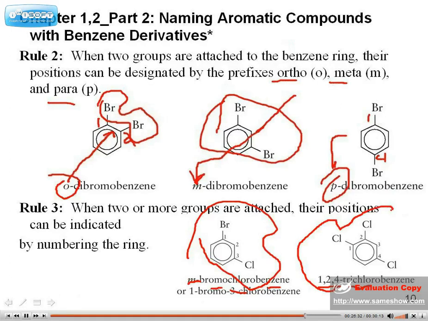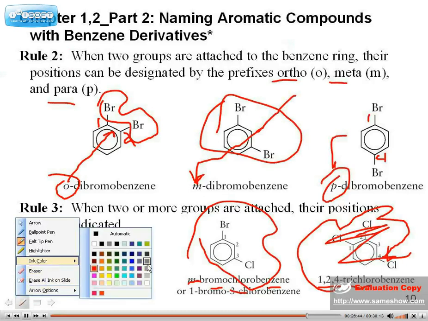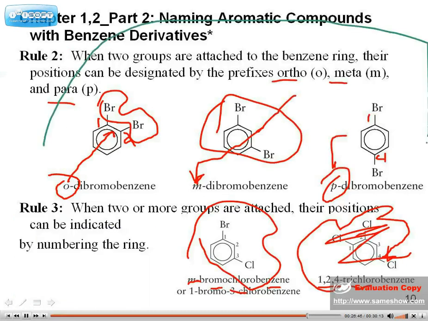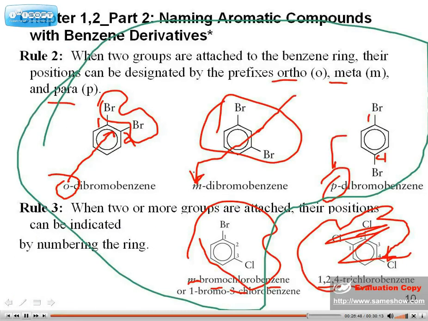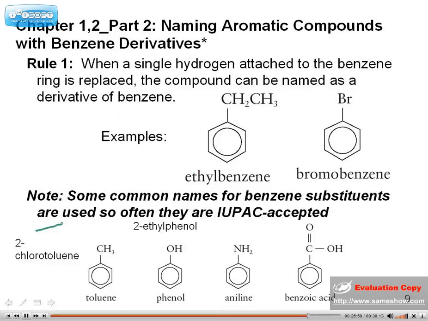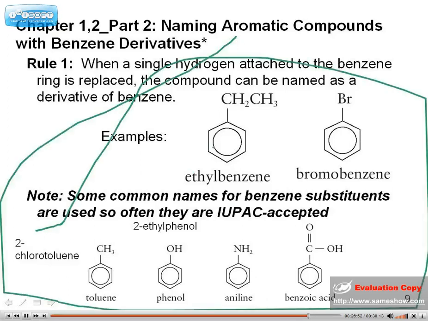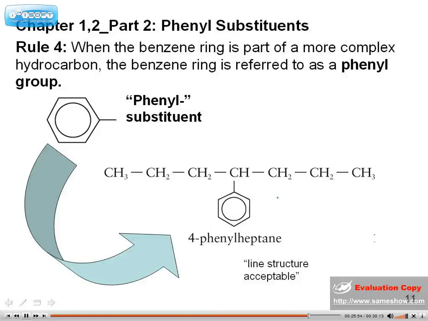If you have more than two, then you would number in the direction of the branches. I pretty much won't give you those. I absolutely love these examples right here, along with going back to slide 9, these examples over here. So make sure you know those.